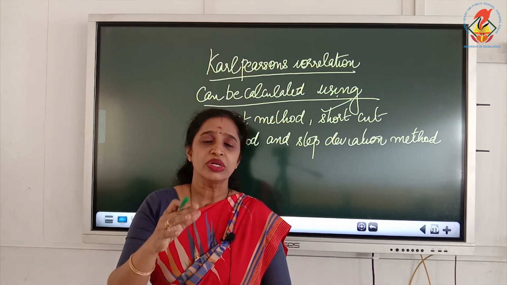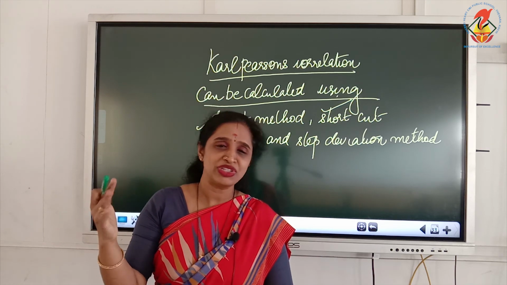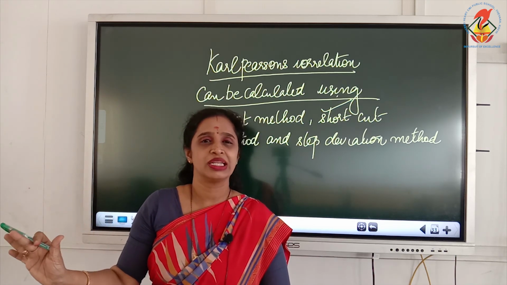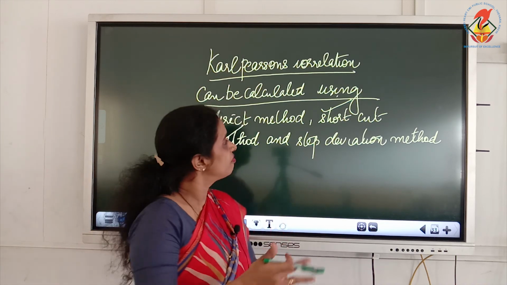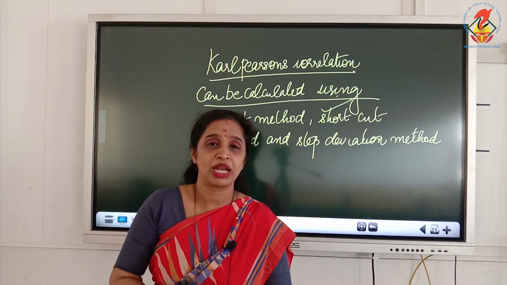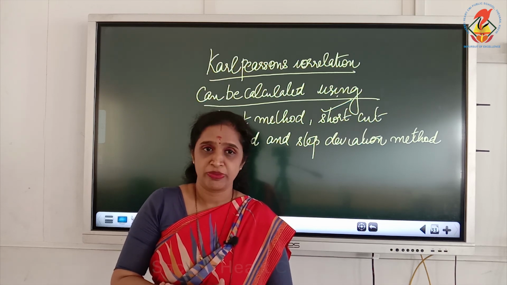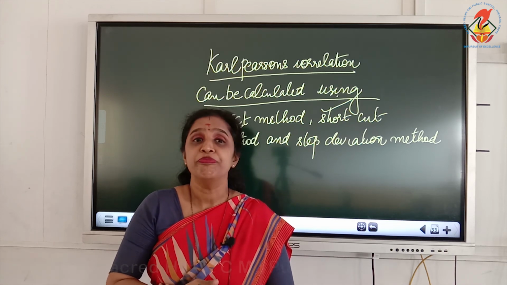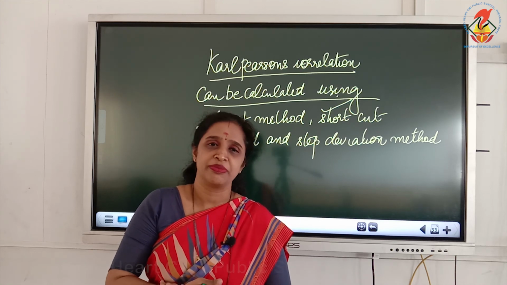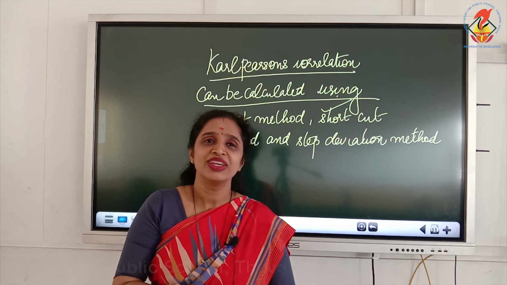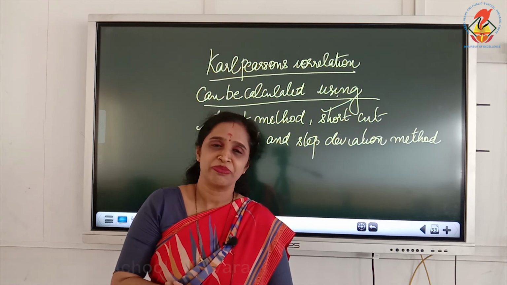There will be only one type of series or data, and we will be calculating those with the help of 3 methods: direct, shortcut and step deviation method, as we have learned for calculating the arithmetic mean. So, in the next video, we will learn the calculation process of Karl Pearson's correlation method. Thank you.